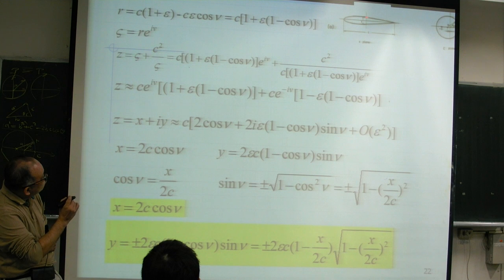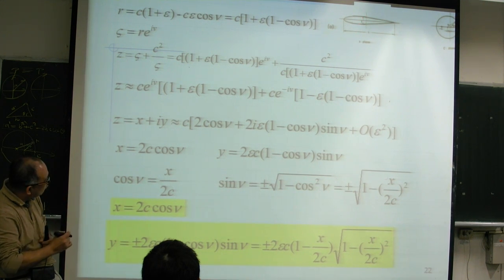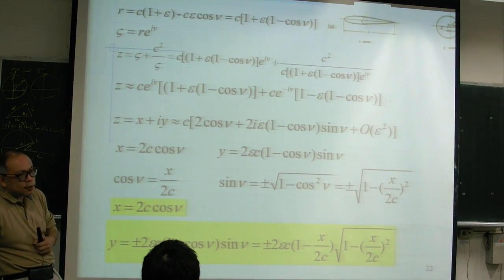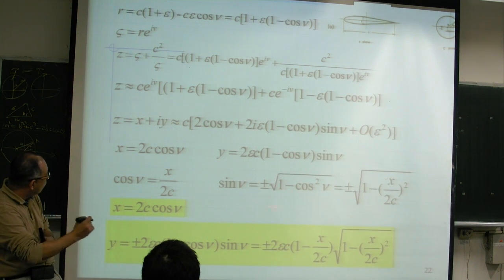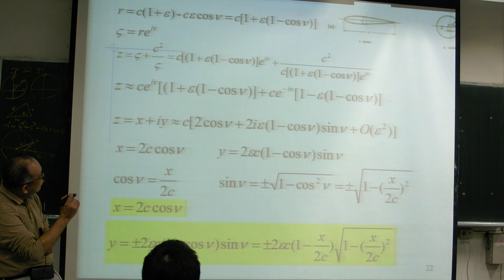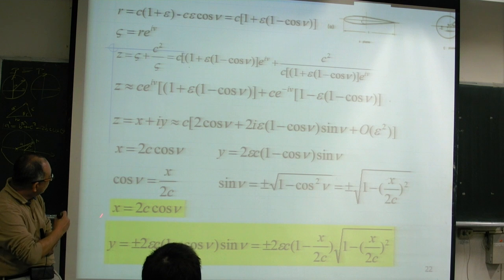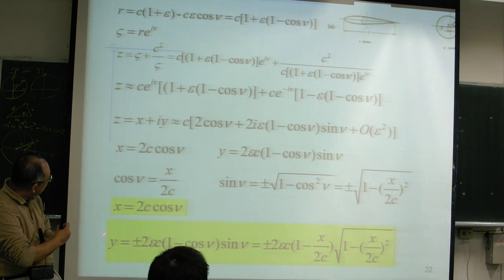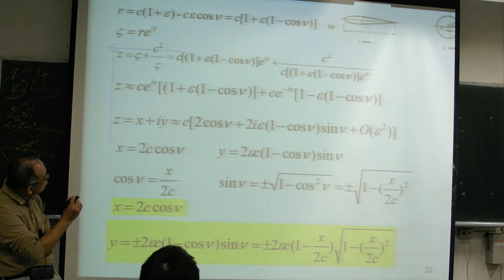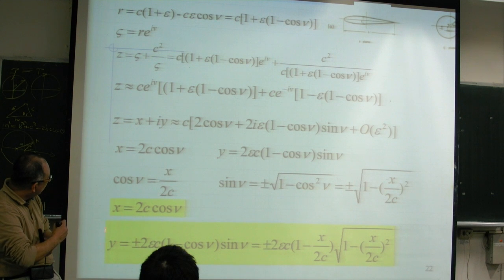For any location of x, one y is positive and one is negative, corresponding to the upper surface and the lower surface of our airfoil. So finally we get the whole formula representing the airfoil shape. This is our final result: x and y represent the geometry, the coordinate system, of our airfoil shape.